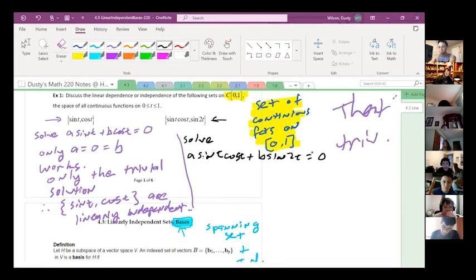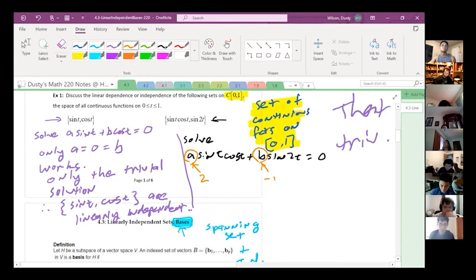Interesting, so not equal to 0, that's correct, Ben. So if we let A equal 2 and we let B equal -1, this works because 2 sine t cosine t is the same thing as sine 2t using the double angle.